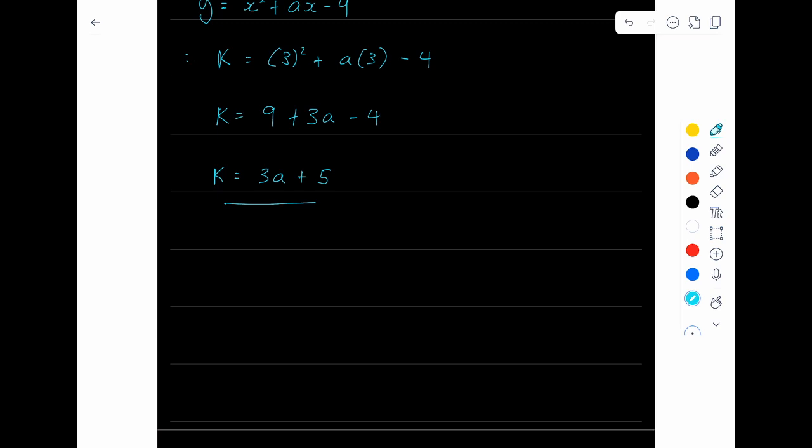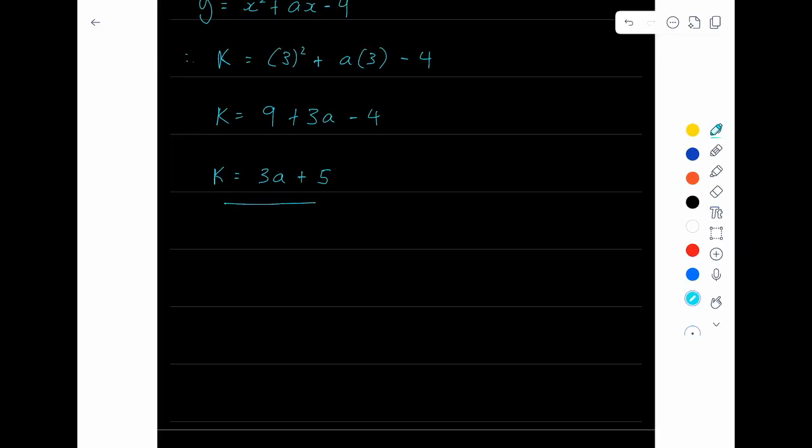But here's the issue. We don't know a yet. All we know is that the gradient at P is 3. So, how do we get the gradient from a curve then? Well, this is when our derivatives kick in.